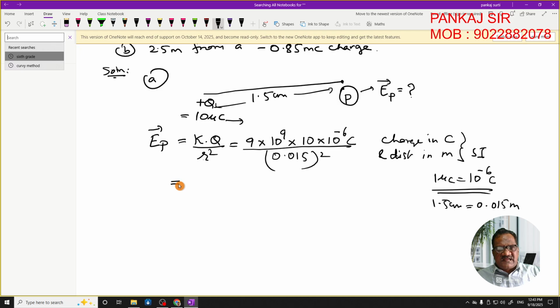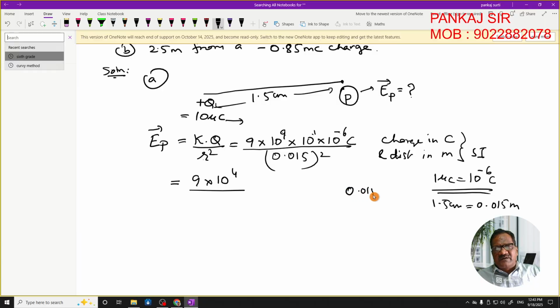So let us do the calculation. Now this will be 9 times, this is 10 raised to 9, this is 10 raised to 1, so 9 plus 1 is 10, and this is 10 raised to minus 6, so 10 minus 6 is 4. So this will be 9 into 10 raised to 4, divided by 0.015 the whole square.